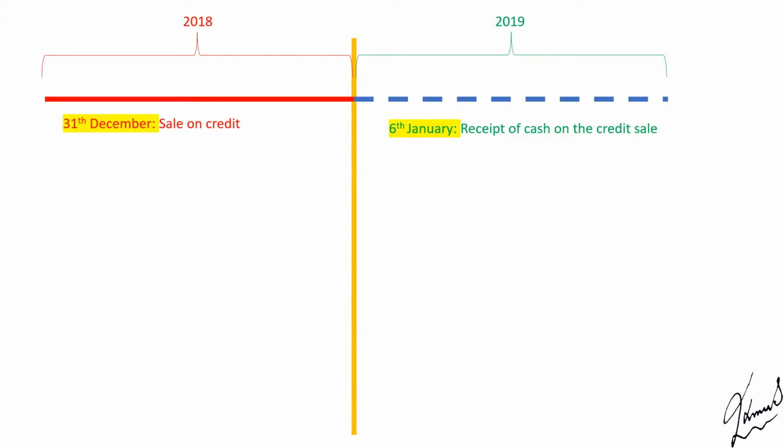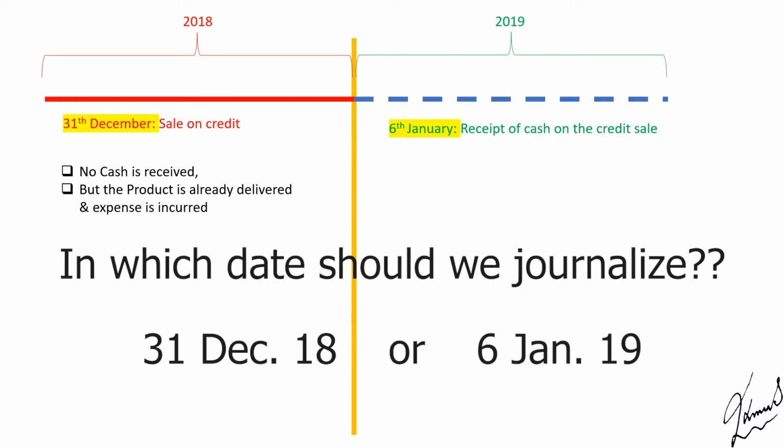I would like to give you another very essential information, that on 31st December no cash was received. That is the first thing, and the second thing is the product was already delivered on that date. So what do you think, in which date should we post the transaction, on 31st December or in 6th January?